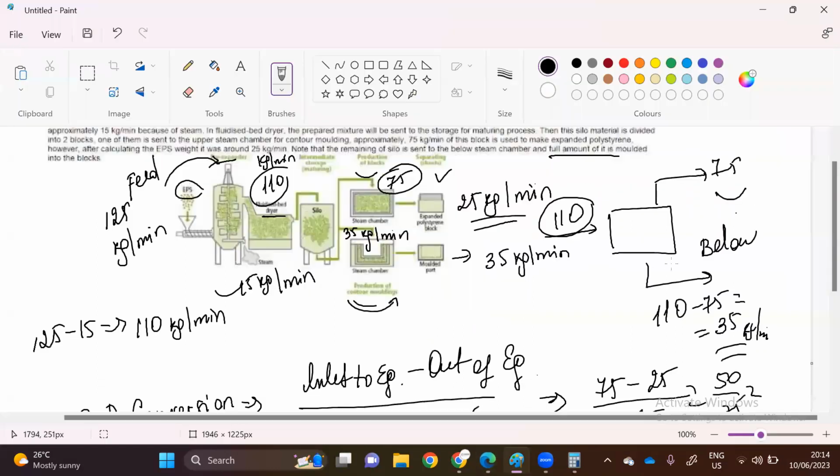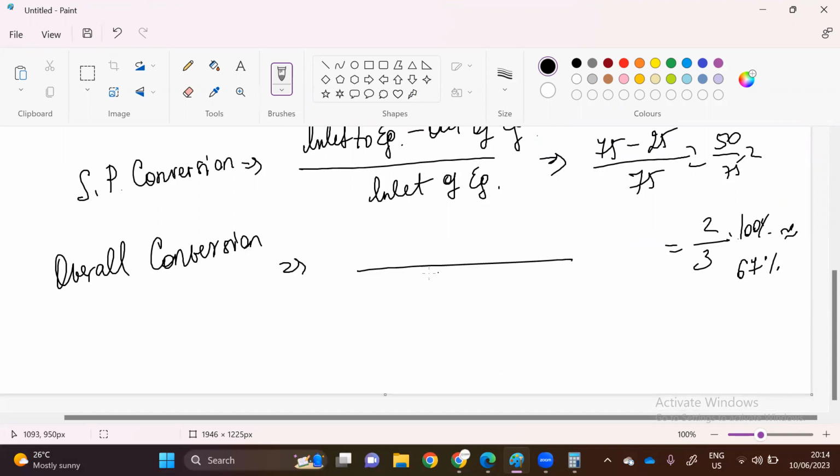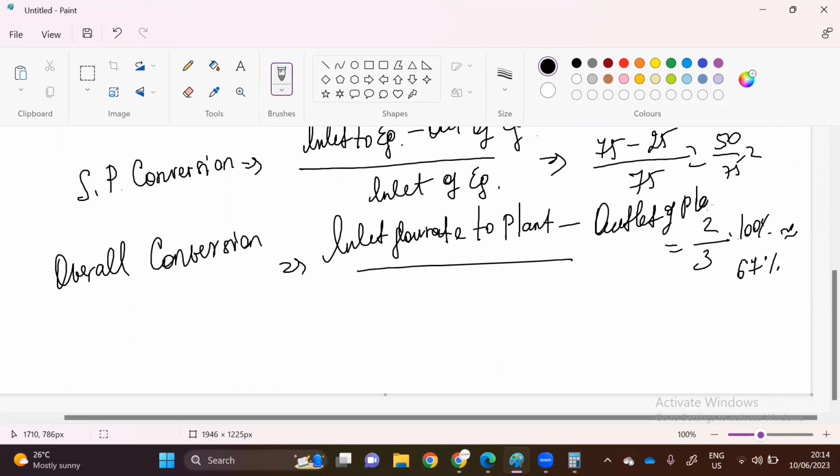Next one. Now find the overall conversion around the plant. In order to calculate the overall conversion, let's remember what the overall conversion was, why it was different from the single pass conversion. Inlet flow rate to the whole unit, to the plant, minus outlet of the plant over inlet again.